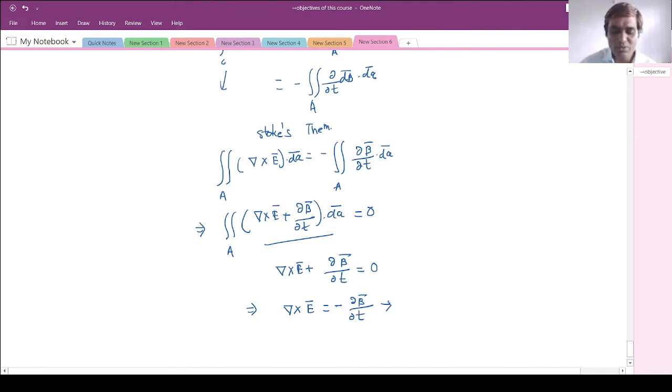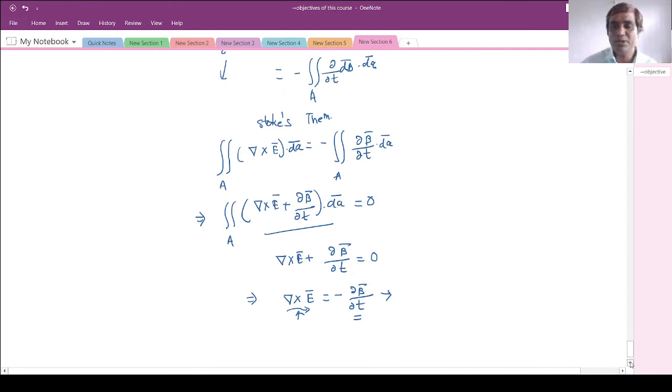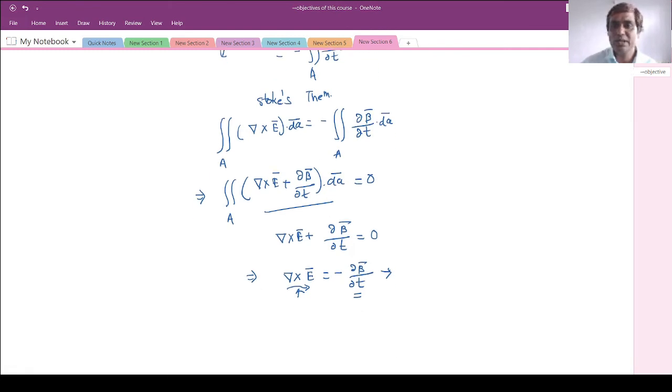So if we know the electric field at a particular location, then the curl of that electric field gives the rate of change of magnetic flux density at that location. Basically this is Maxwell's third equation, called Faraday's law of electromagnetic induction.